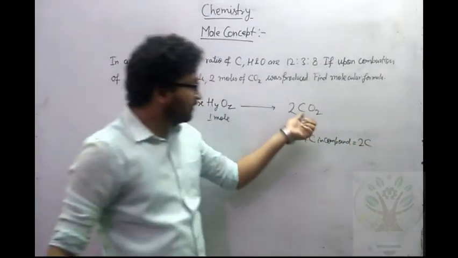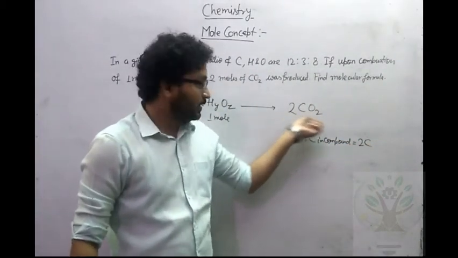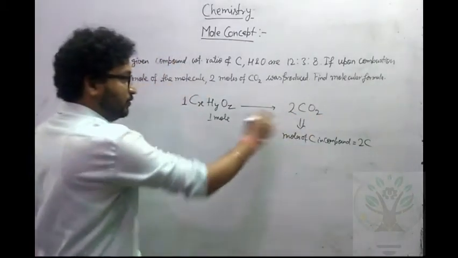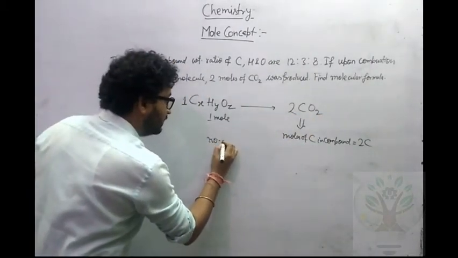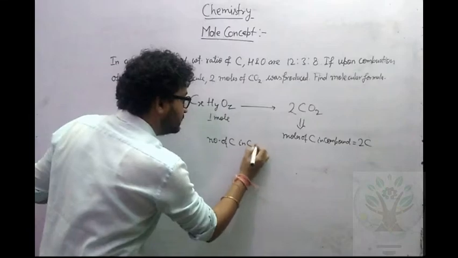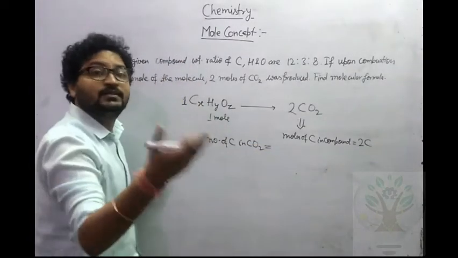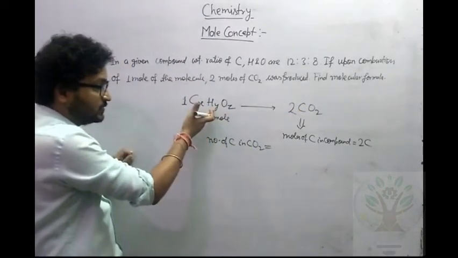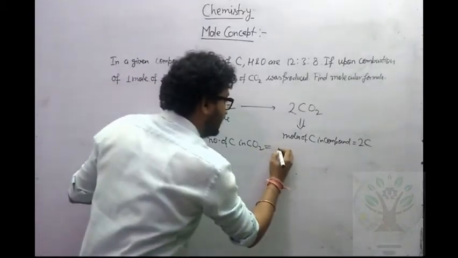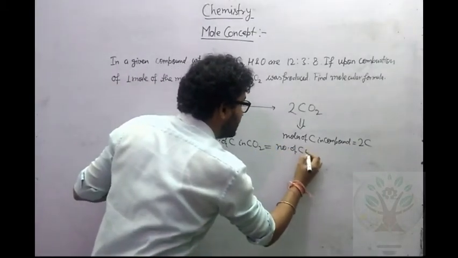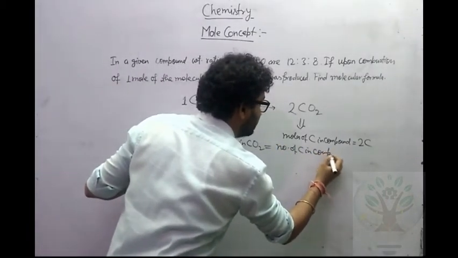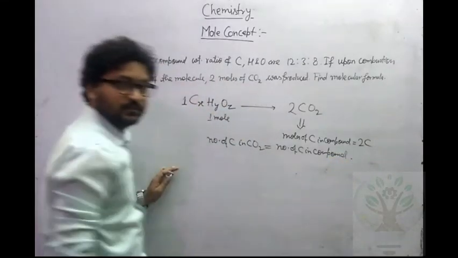So whatever number of carbon are here in CO2, let me write: number of carbon in CO2. What is the source of the carbon here? The source is your molecule. So it will be equal to the number of carbon in the compound. Are you getting this?